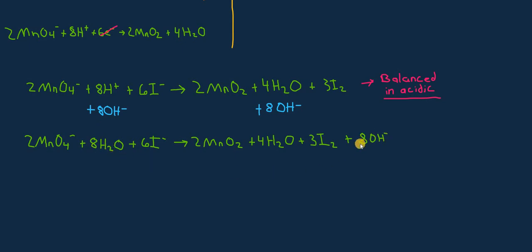And we have our 8 OH- ions over here that we added to this side. So now the only thing we have left to do is balance the waters. So the last step in your basic condition balancing is to just balance out the waters on both sides. So you see we have 4 water molecules on the right side, and we have 8 on the left side. So what you're going to do is subtract the 4 over here to the other side.